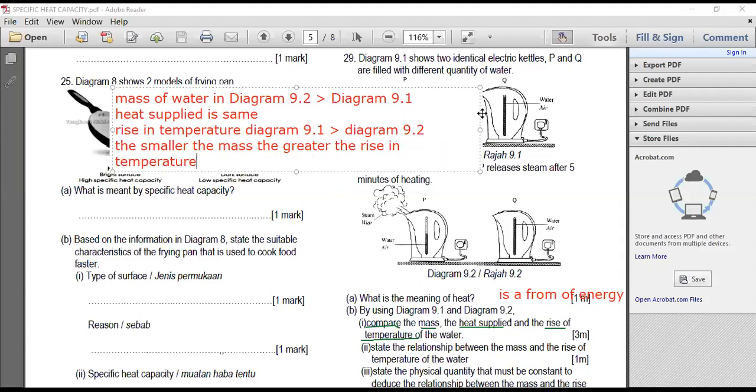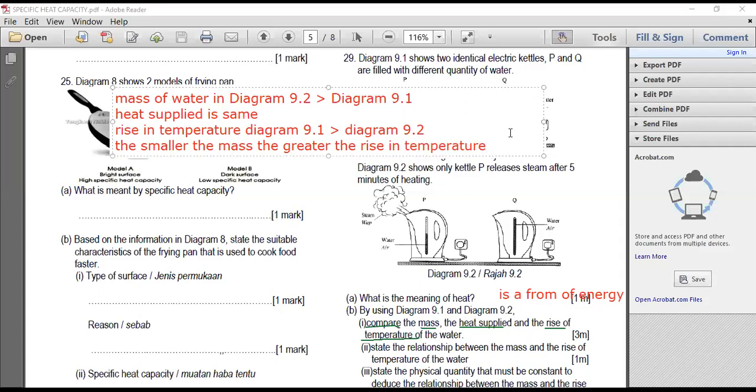Now, state the physical quantity that must be constant to deduce the relationship between the mass and rise in temperature.